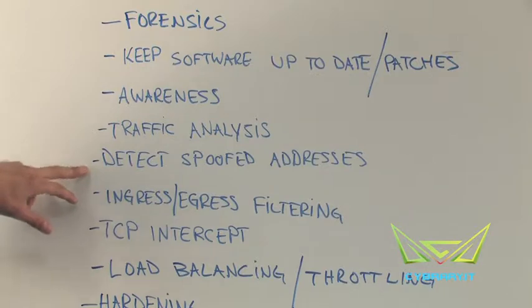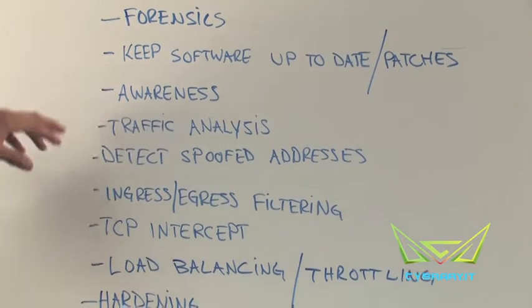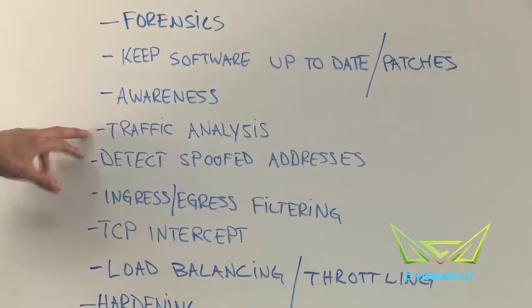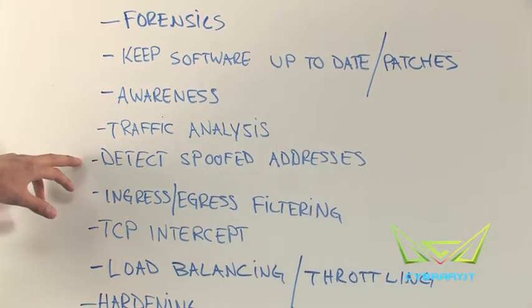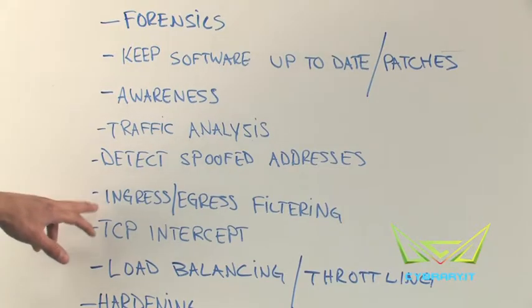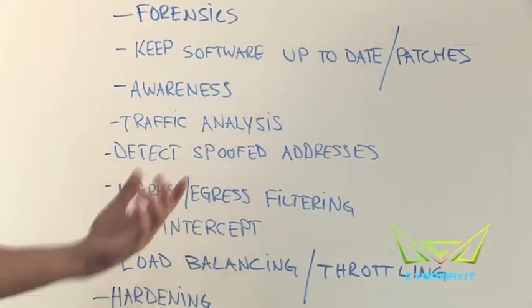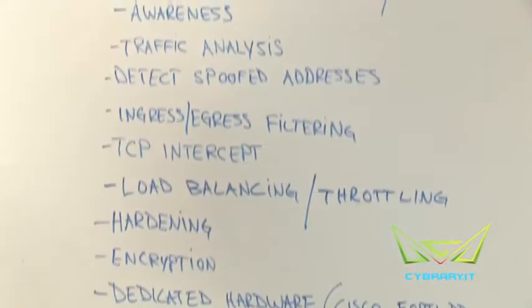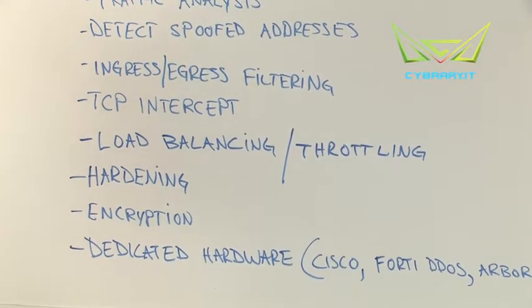You maybe detect spoofed addresses, since the attackers like to use middlemen or middle agents in between the attacker and the victim. Well, if you can analyze the traffic and see that there's a spoofed address, go ahead and block that. The most common way, in my opinion, is simply just really good inbound and outbound filtering, or ingress and egress filtering. Ingress meaning inbound, egress meaning outbound.